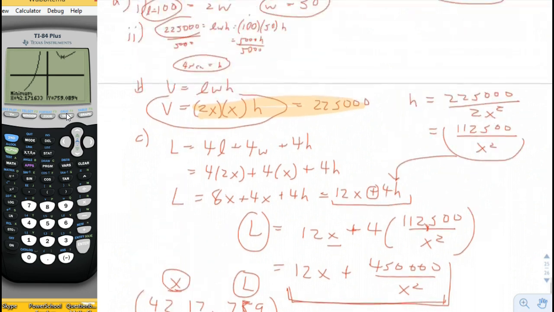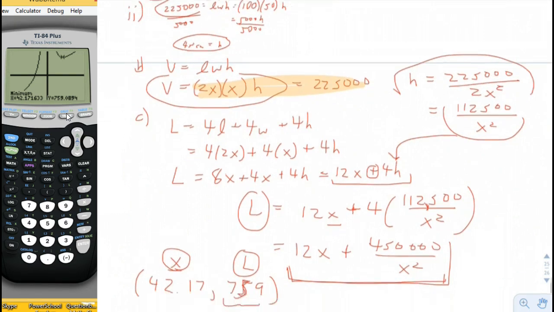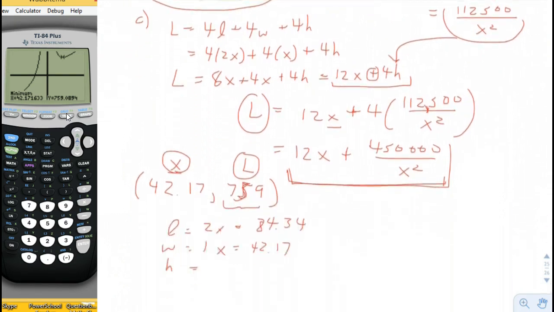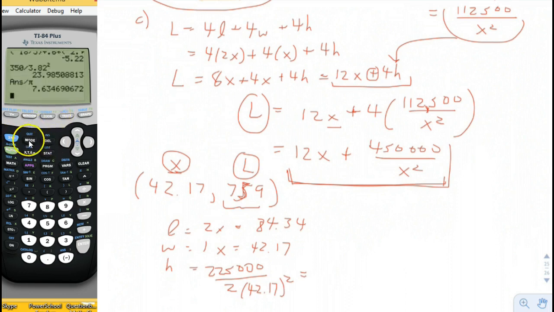Height we can figure out using one of these equations. This one actually. Height equals 225,000 divided by 2x squared. So that's 225,000 divided by 2 times 42.17 squared. We can do that here on our calculator.